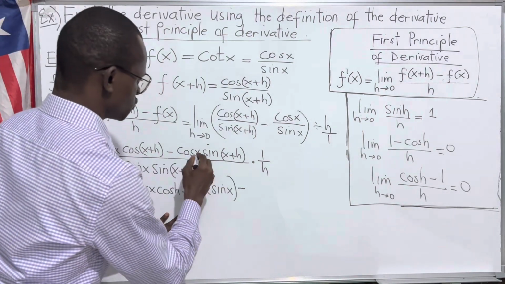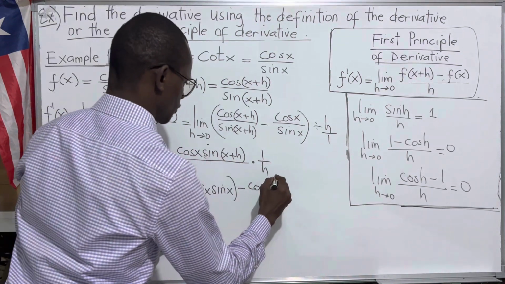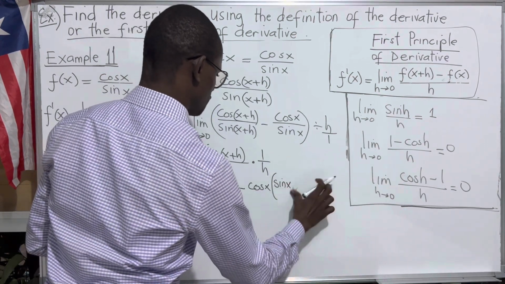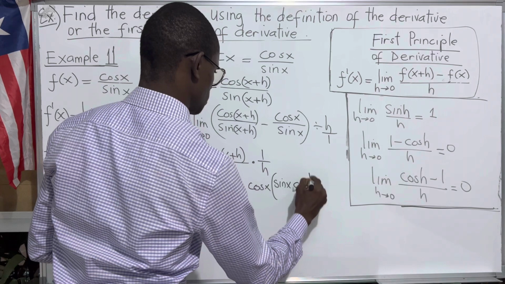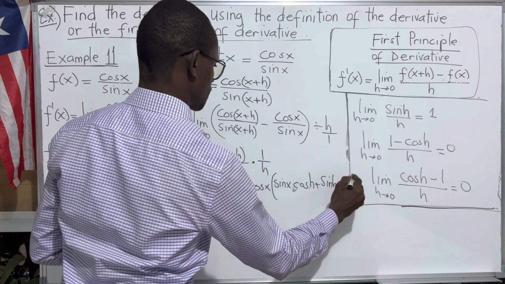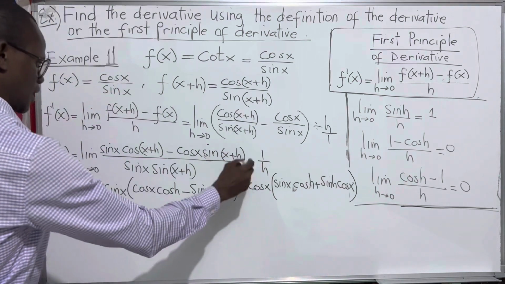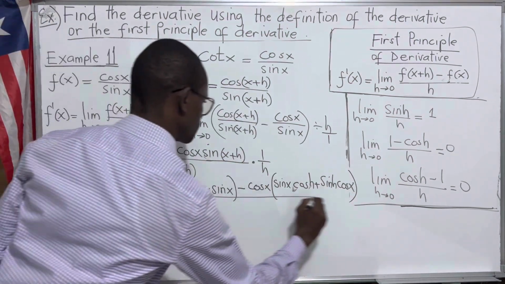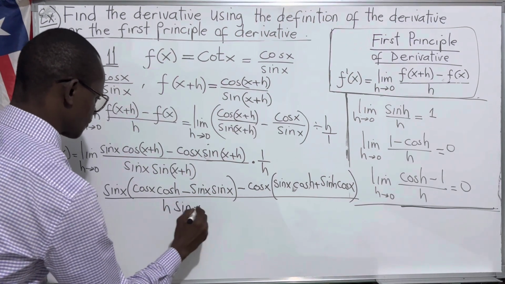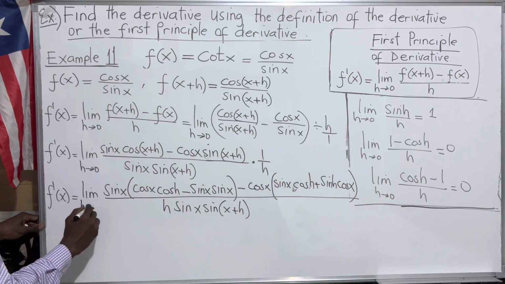Minus this one as well, cos of x, and then we expand sine of x plus h. This gives us sine of x cos of h plus sine of h cos of x. Then this h we can factor right beside this one, so it's h sine of x times sine of x plus h, as h approaches 0.